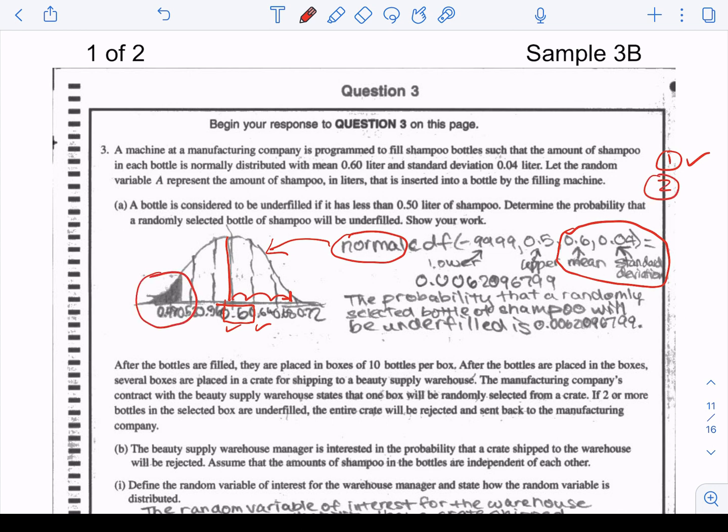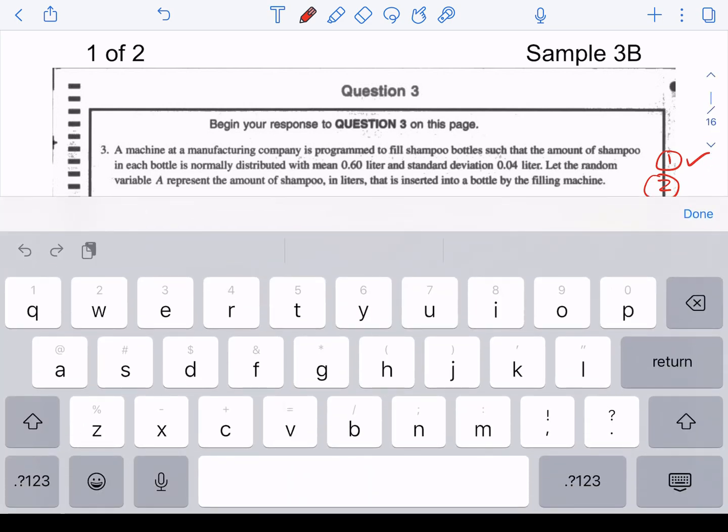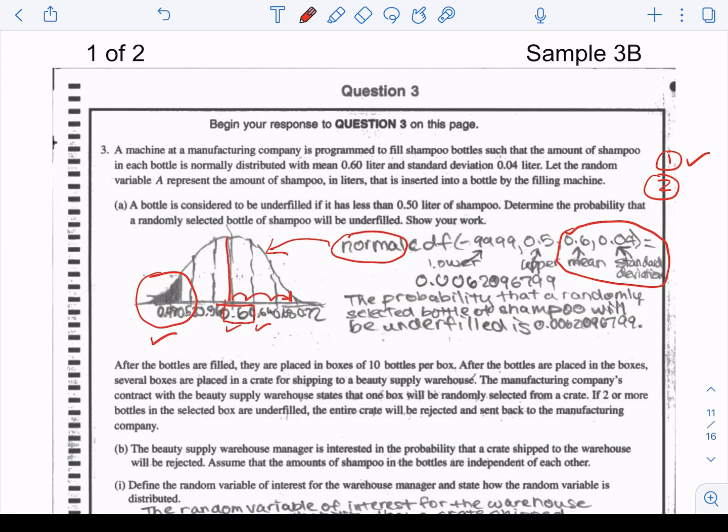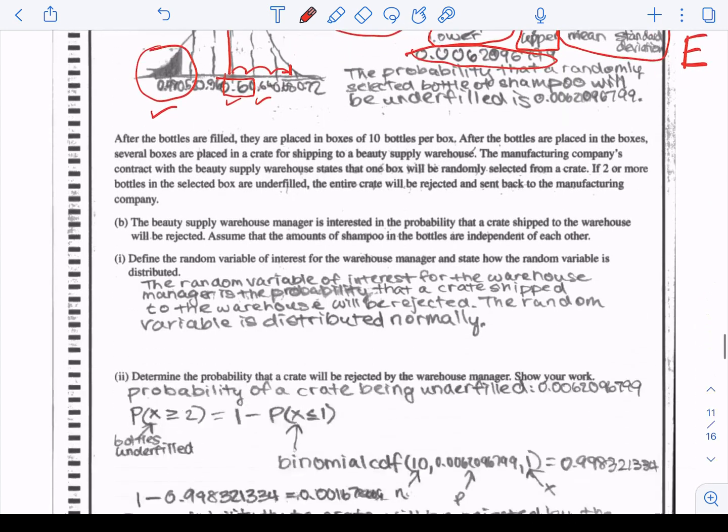Well, it's hard to read the boundary there, but I think it's here, if you can decipher that. But even if it wasn't, they have the lower and the upper labeled in the calculator notation, so that would also have given them the full credit. And then they've got the answer out to an amazingly large number of decimals, so they've got the third part. So this student got an E for part A.